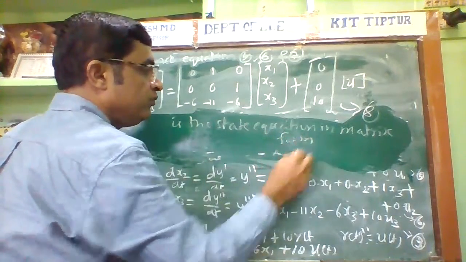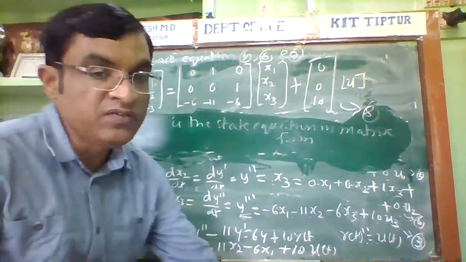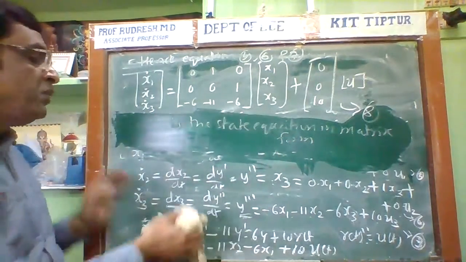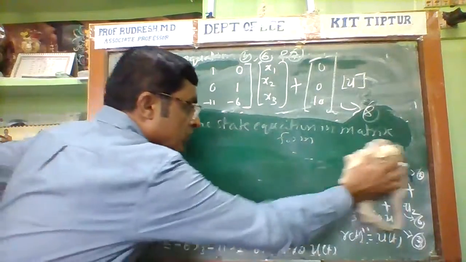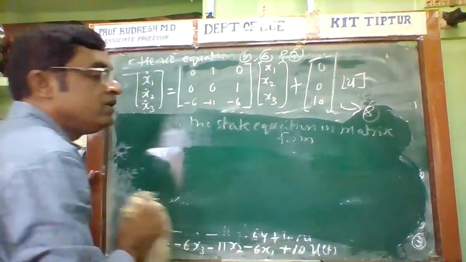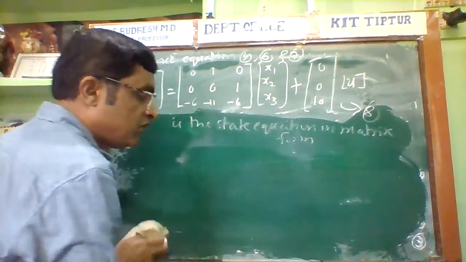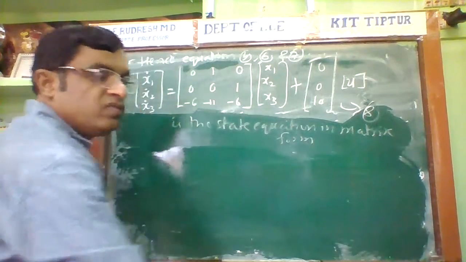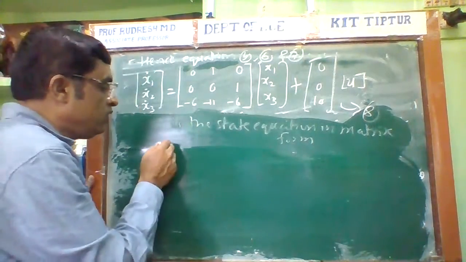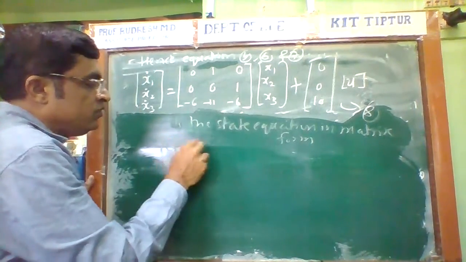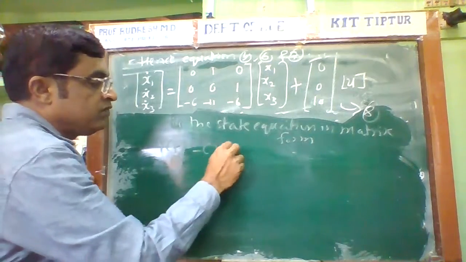But I need to develop the state model. The state model is nothing but the state equation together with the output equation. Therefore, I need to develop the output equation, y of t is equal to Cx plus Du.